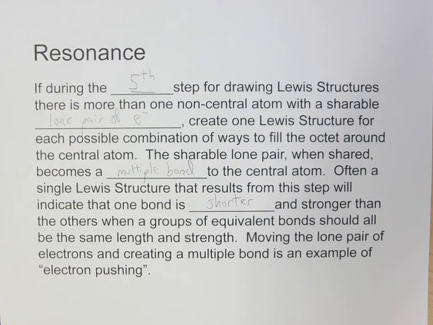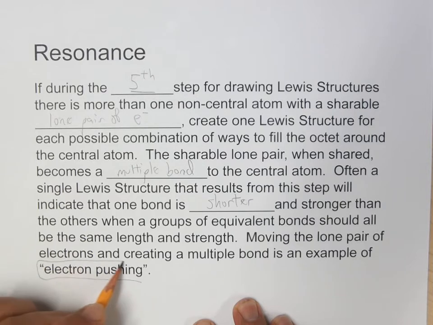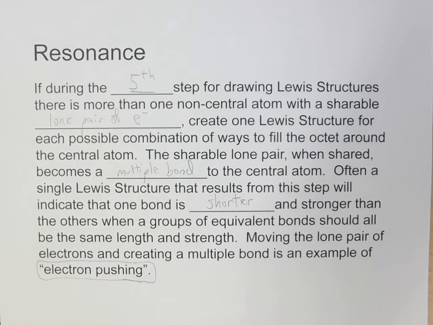So this moving the lone pair of electrons from a non-central atom to create a new bond is an example of electron pushing, which is a very, very important concept in organic chemistry. So if you master the electron pushing, then you'll be able to write and understand mechanisms pretty well for these things.